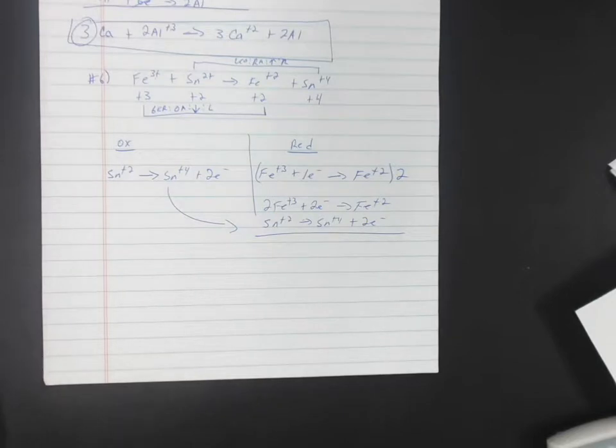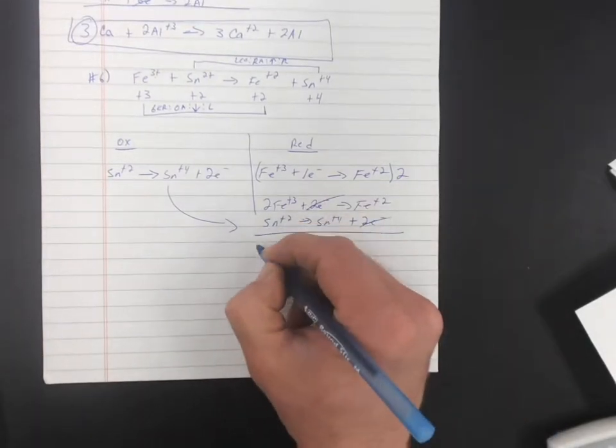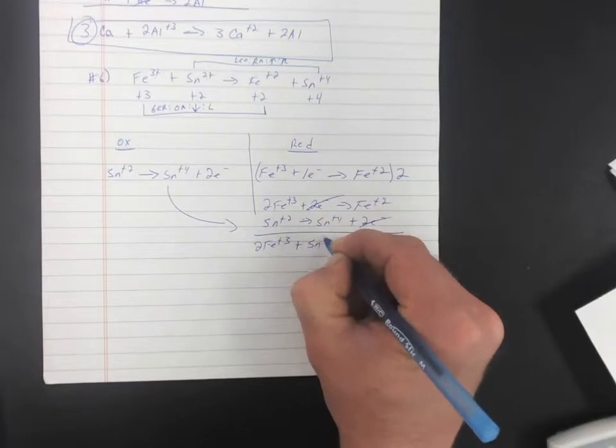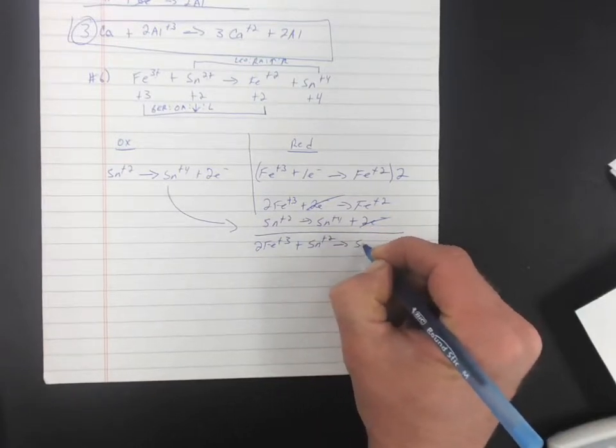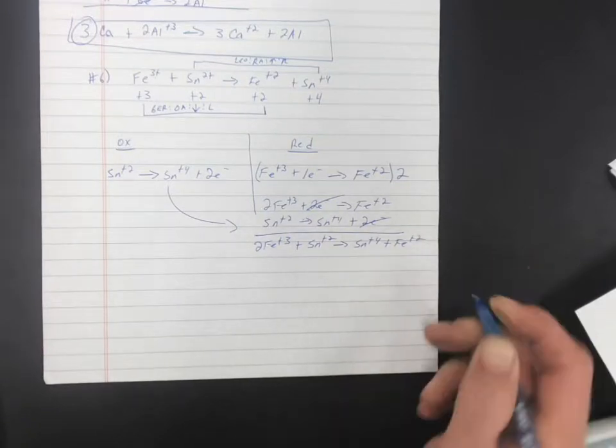When I add them, Claudia, what cancels? Electrons can cancel out, and I get my overall reaction, 2Fe plus 3 plus Sn plus 2 yields Sn plus 4 plus Fe plus 2.